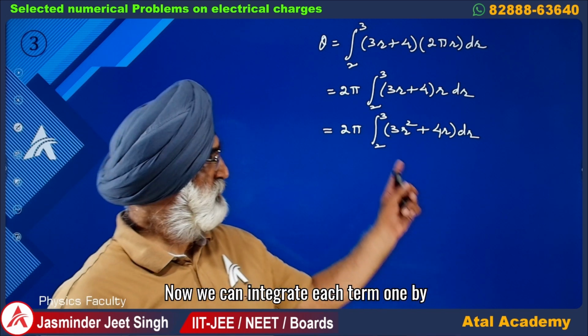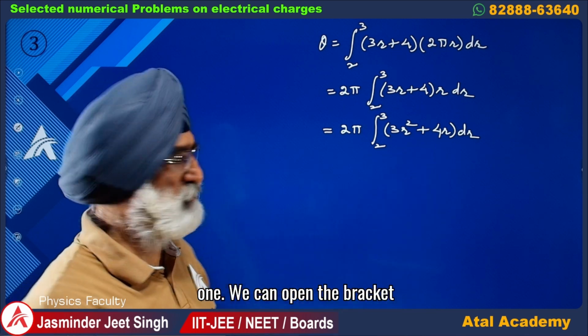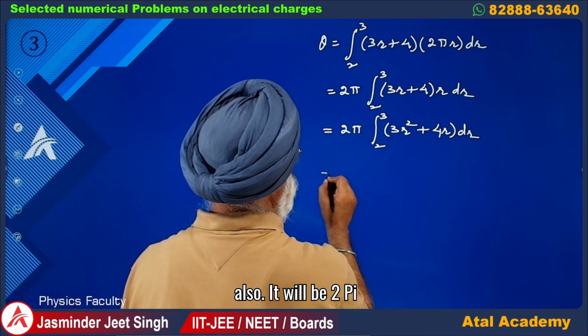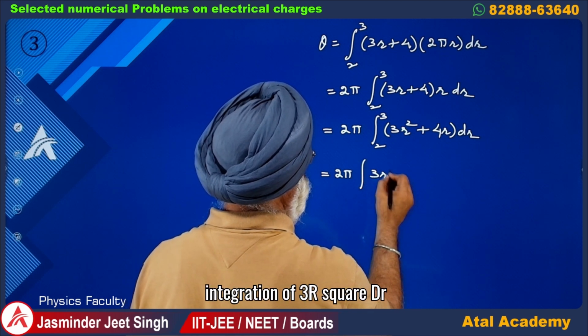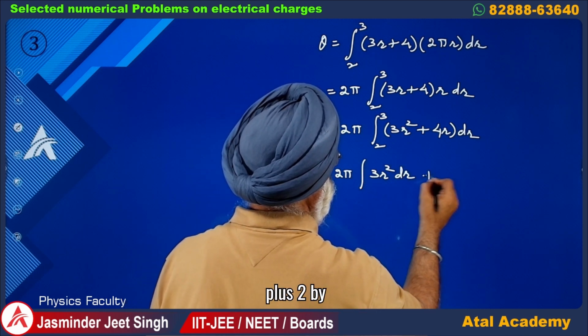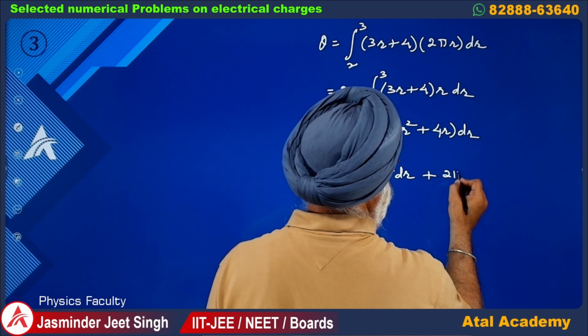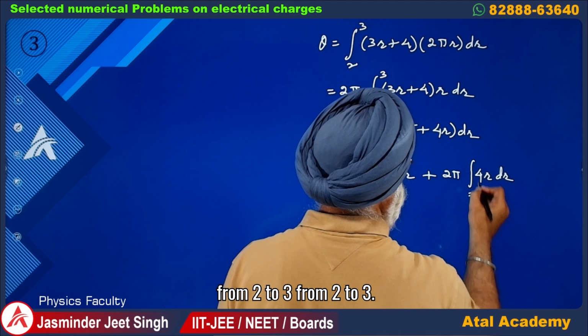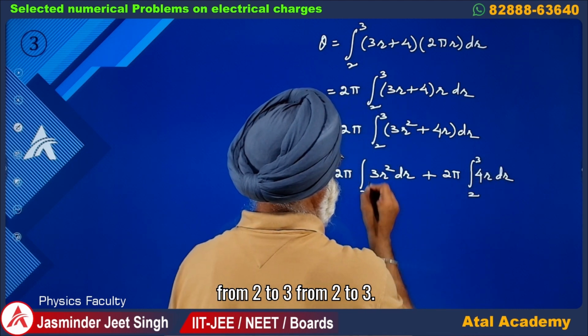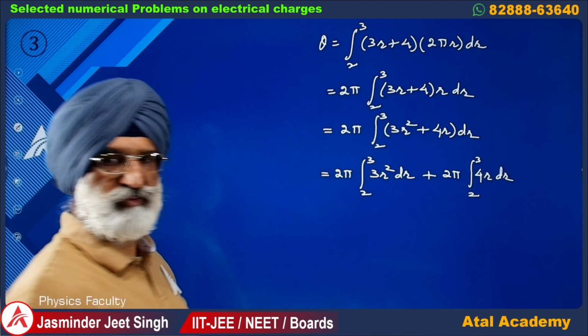Now we can integrate each term one by one. We can open the bracket also. It will be 2 pi integration of 3r square dr plus 2 pi integration of 4r dr from 2 to 3.